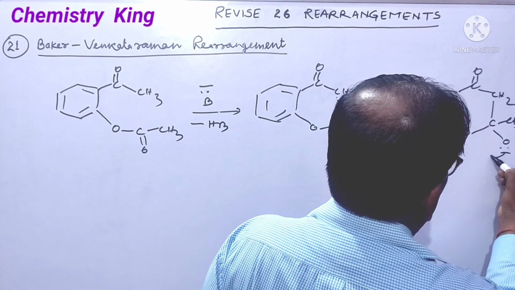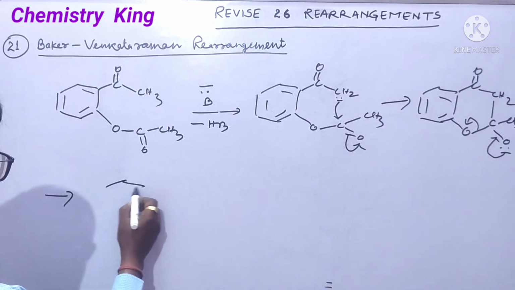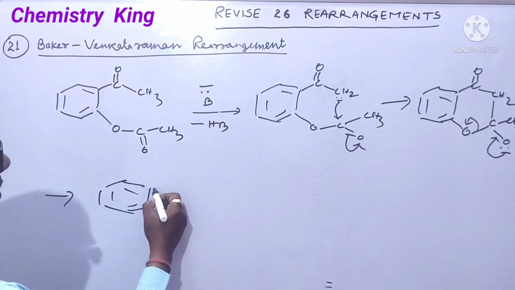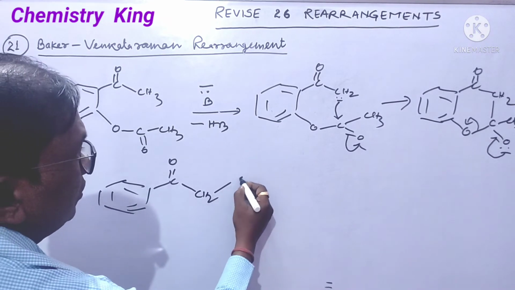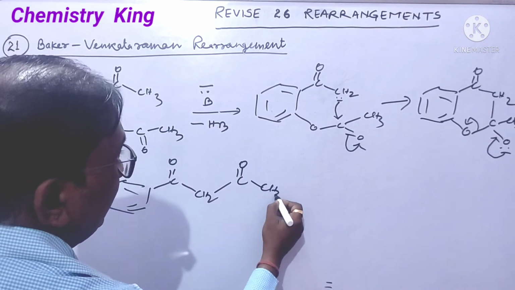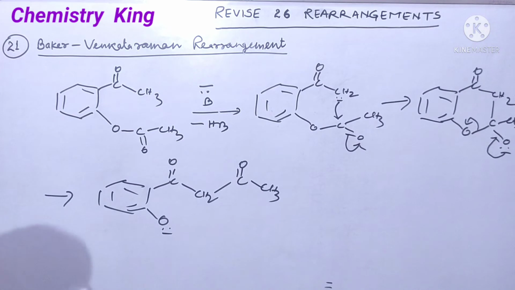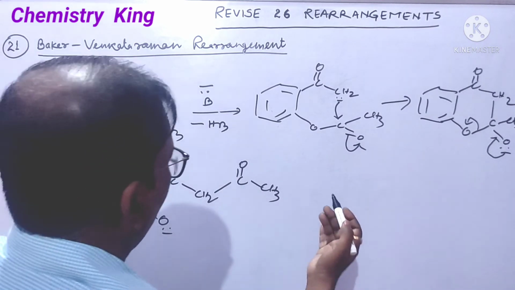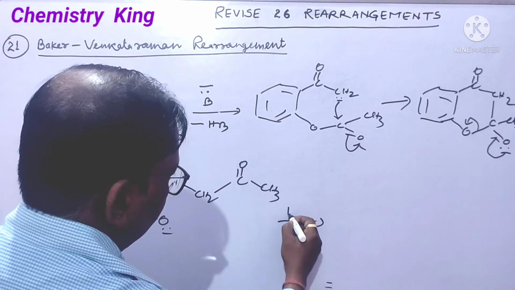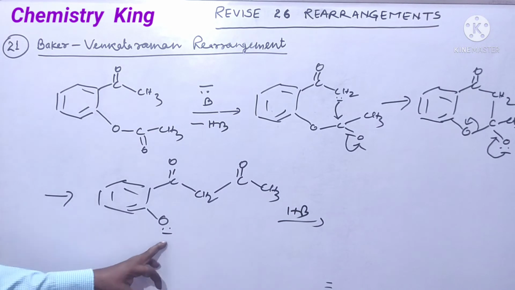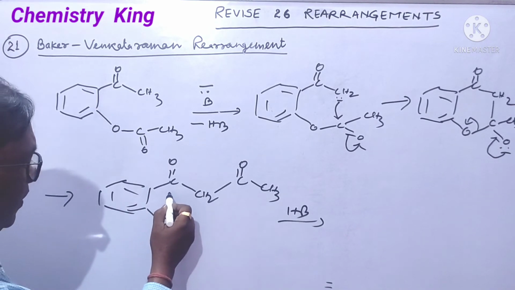Now when it comes here, you are getting right here this C double bond O CH2 C double bond O CH3 and O minus. And friends, when Hb is released, this Hb gives H plus, that H plus will come here. This will be the product and you are getting beta diketone.